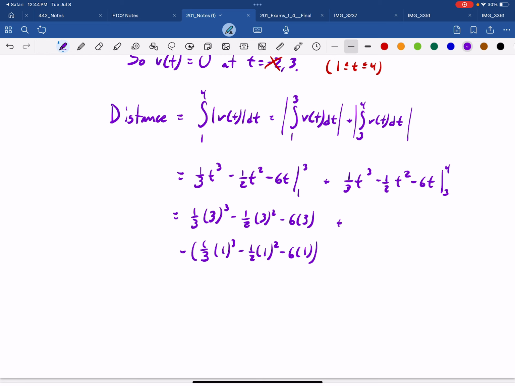And then plus, this right here looks like it might be negative. No, actually, I take that back. I think this is going to be kind of big. I think this is actually going to be negative. Well, let's see. Maybe I'll take all of it back. I'm not sure it's clear.